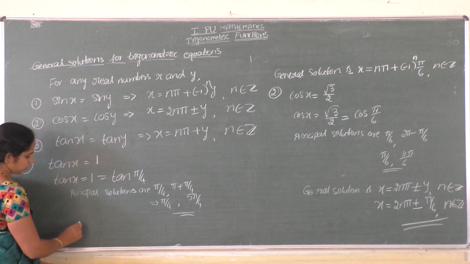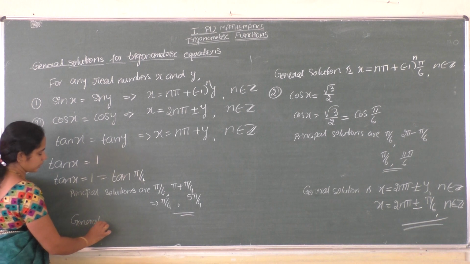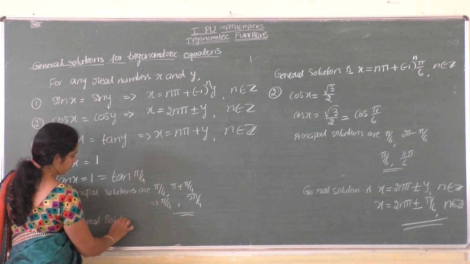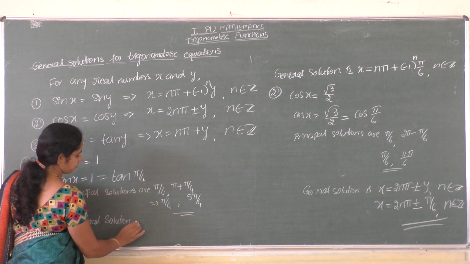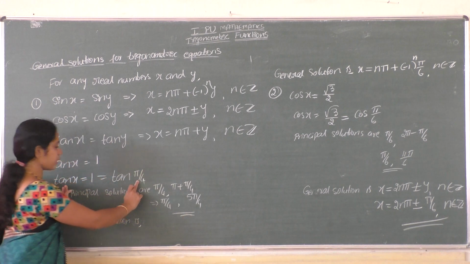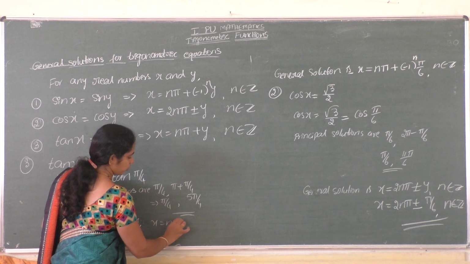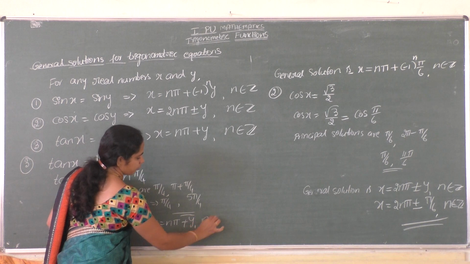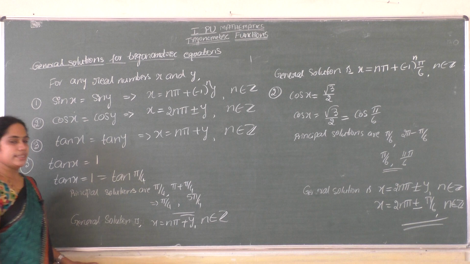Now, what is the general solution? General solution is, if tan x equal to tan y, general solution is x equal to n pi plus y, where n belongs to z.